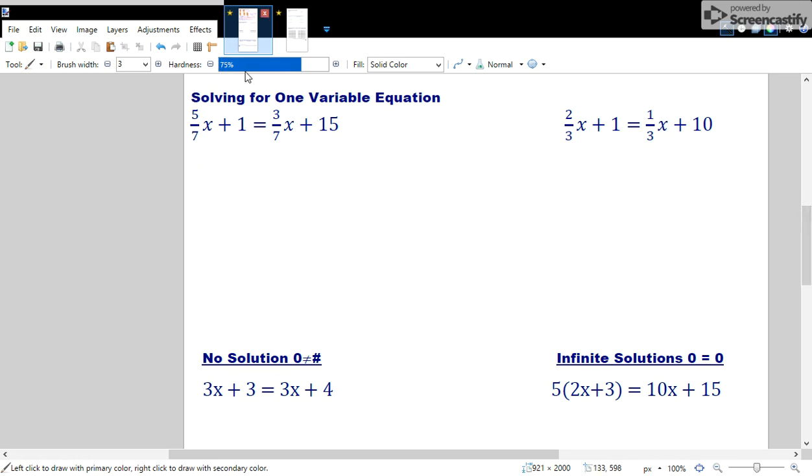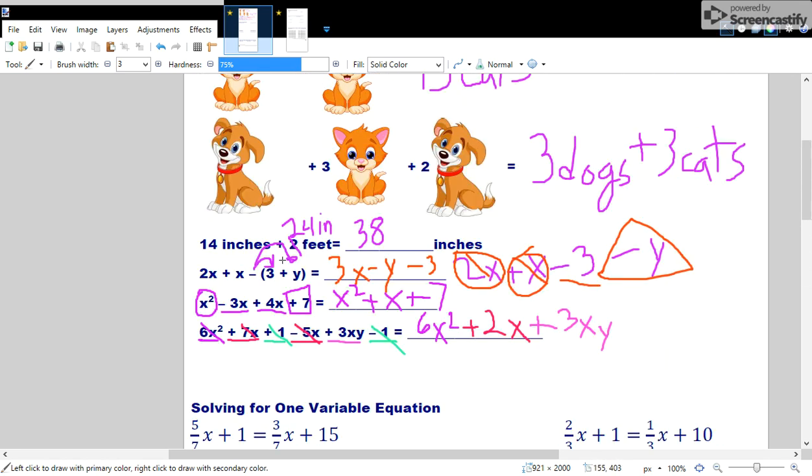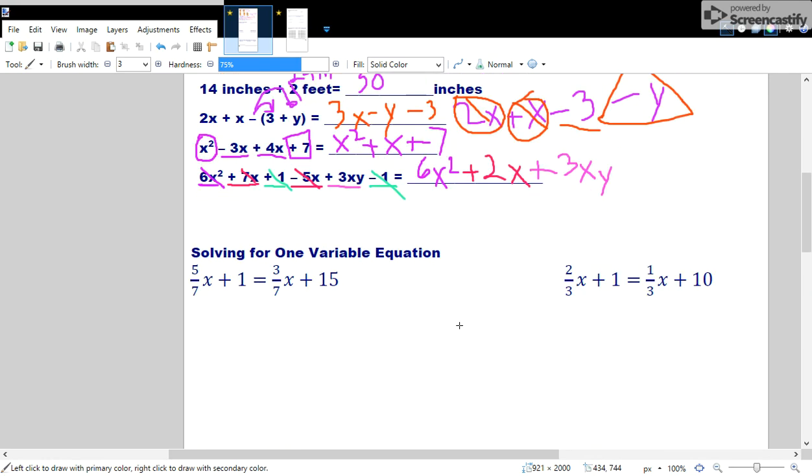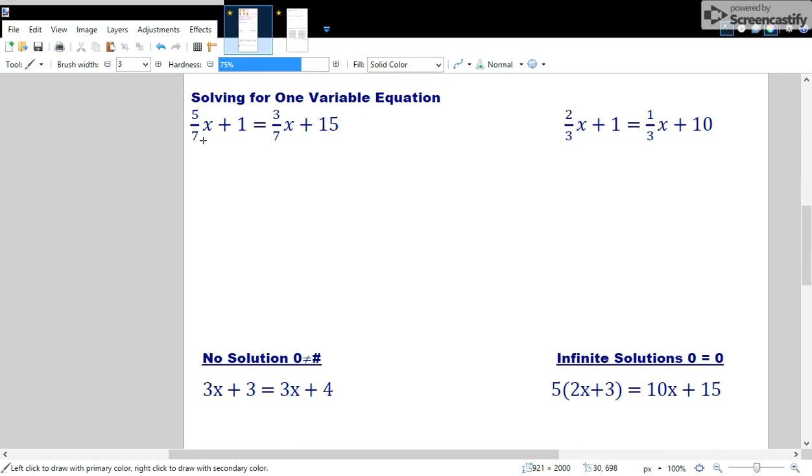Okay, let's go to solving for one variable equations. So first thing we do is make sure that each expression on both sides of these equal signs are simplified like the ones up here. Well, x can't be added to a constant, so that's simplified. X can't be added to a constant, so that's simplified.